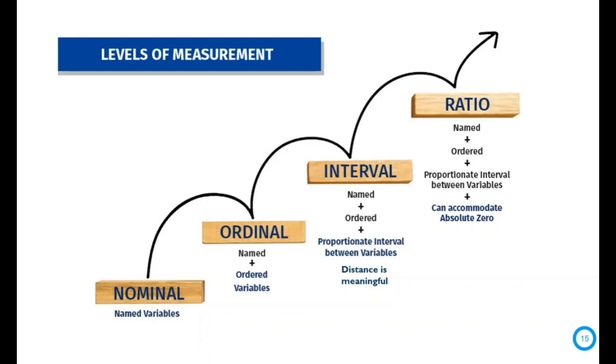There are four measurement levels. The first one is nominal, next is ordinal, interval, and ratio. It is very important to understand these four because we will always use these variables in SPSS. So let's start with nominal.